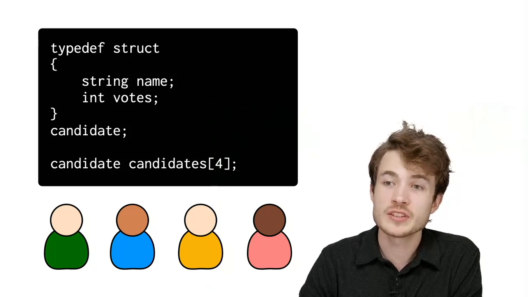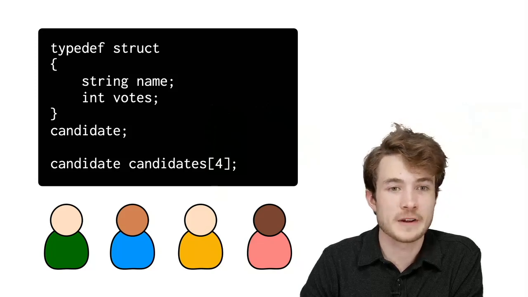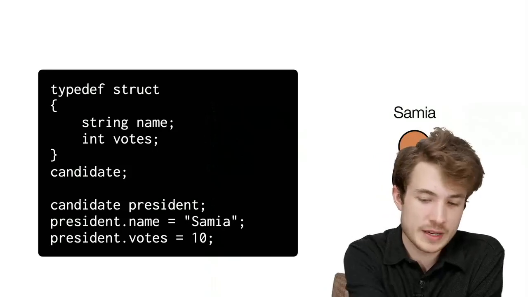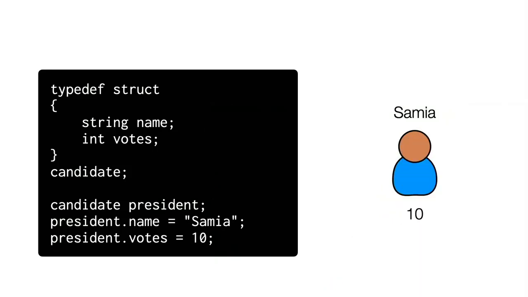Question, can we change the data in there if needed during runtime? So that's a good question. If I go back to this candidate that we called president here, the question is, could I change the data inside of it later? So to be clear, I could assign different values to this candidate's members, like candidate.name or candidate.votes.